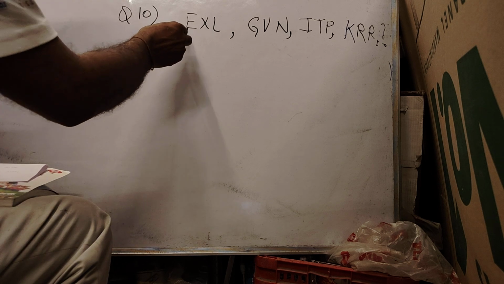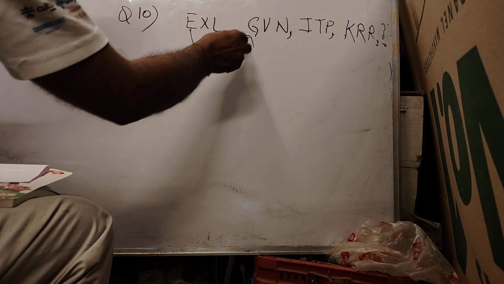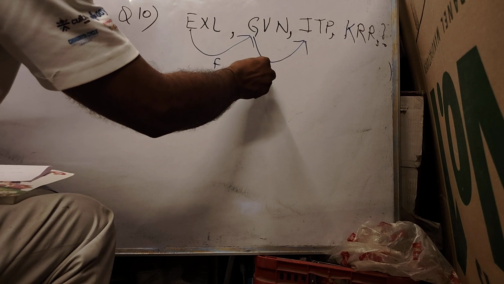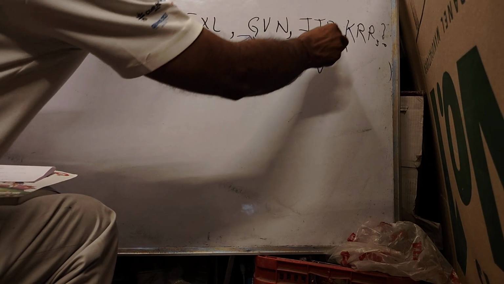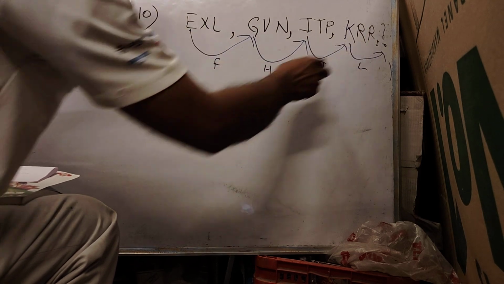There are three series. First letter series E, F is missing, G, then after G is H missing, I. After I, J is missing, K. So next will come L missing, M.